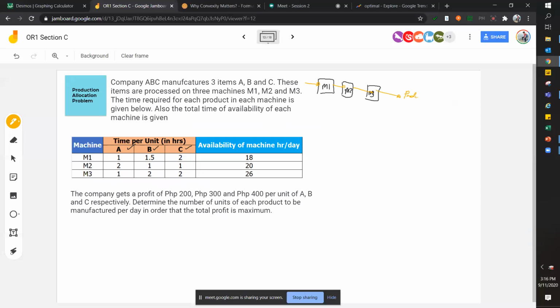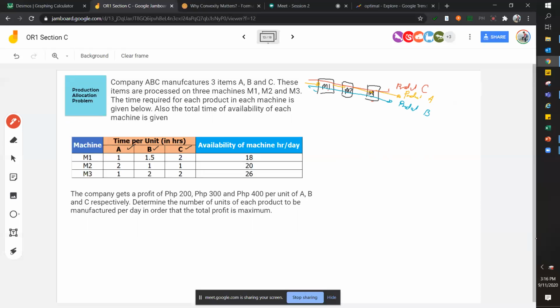Product 1, product A. Similarly, product B, ganun din yung dinadaanan niya. Then, we have another product here. Product C. Okay? So, lahat ng tatlong products na yun ay nag-undergo or being processed sa machines 1, 2, and 3.